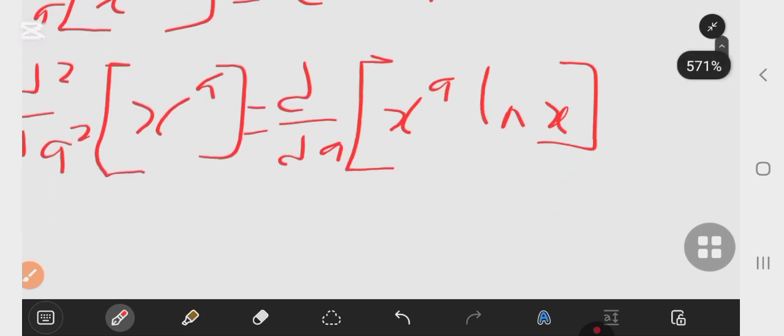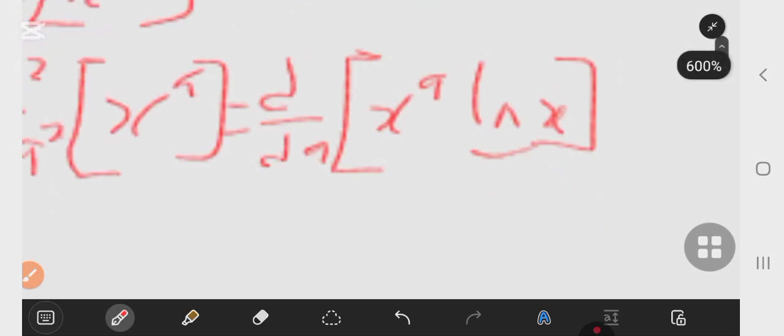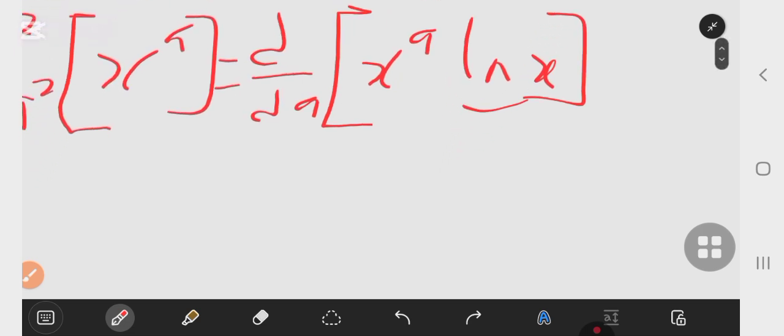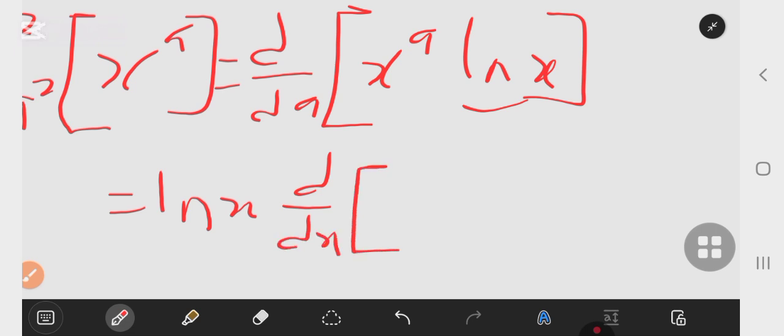Since ln x does not have any A variable in it, I can bring it out first. I'll have ln x multiplying the derivative of x to the power of A.